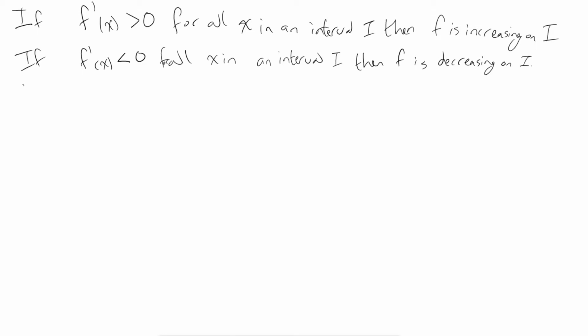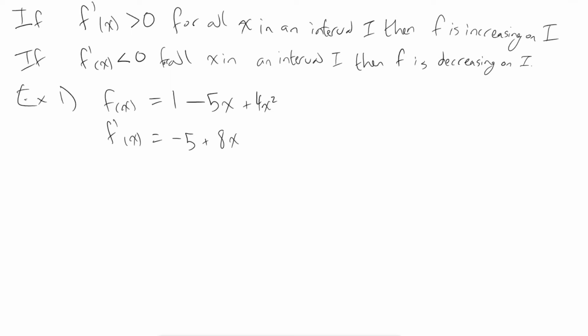So f prime x, because we need to find the derivative to use our rules here, is equal to, the derivative of 1 is 0, the derivative of negative 5x is negative 5, and the derivative of 4x squared is 8x.